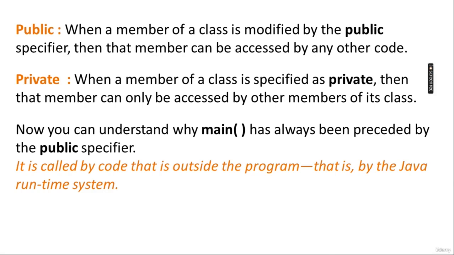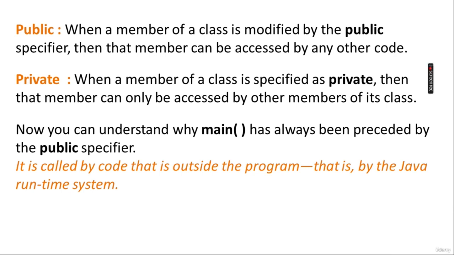If any member in the class is declared as private, it is accessed only through other members of the same class. And if you declare any member as public, any data member like integer, float, or any function, any other code can have access to that data.